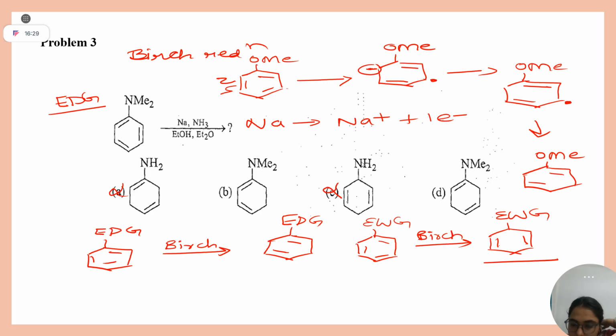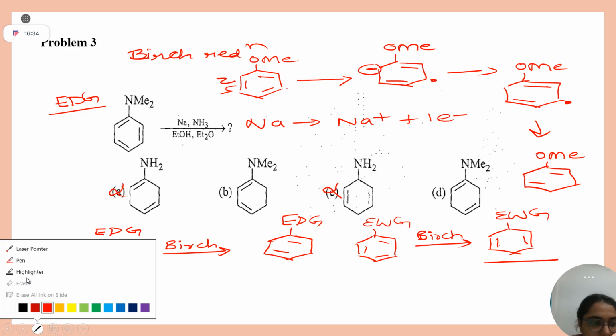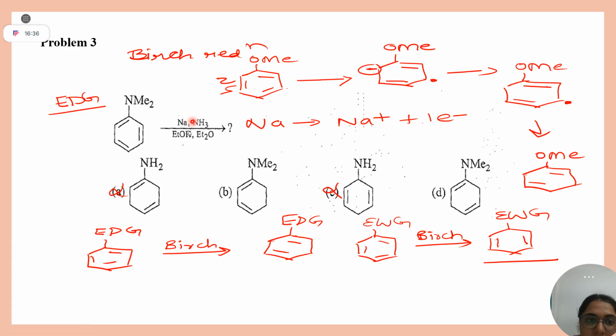Ma'am, explain again. Okay. So students, what I was saying is, in Birch reduction, this is your sodium metal in ammonia solvent. You know that a metal has the tendency to lose one electron. Yes or no? So whenever you have an electron donating group attached to your benzene ring, these bonds will undergo homolytic fission, radical, radical, right? At this carbon, the metal will give one electron, because radical and radical combine and give an electron pair.